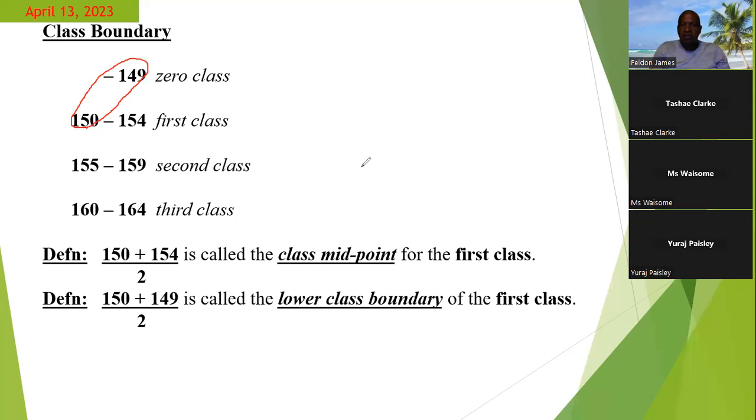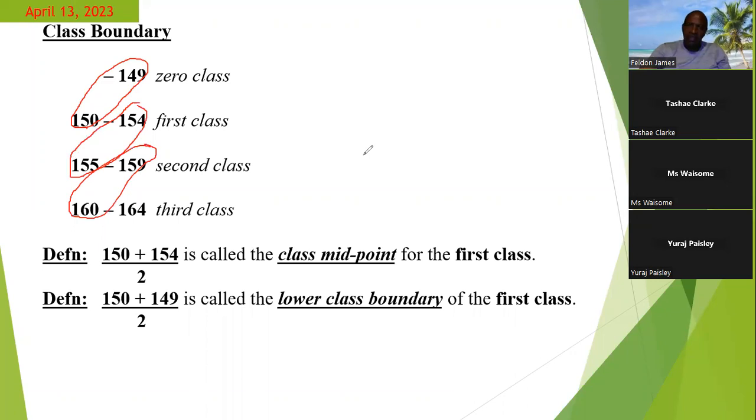You would get 149.5. Right. Same 0.5. Which of these values would you add it to, to get the boundary? 154.5, sir. It would always be added to the second limit. Second limit, sir. Is that clear, guys?